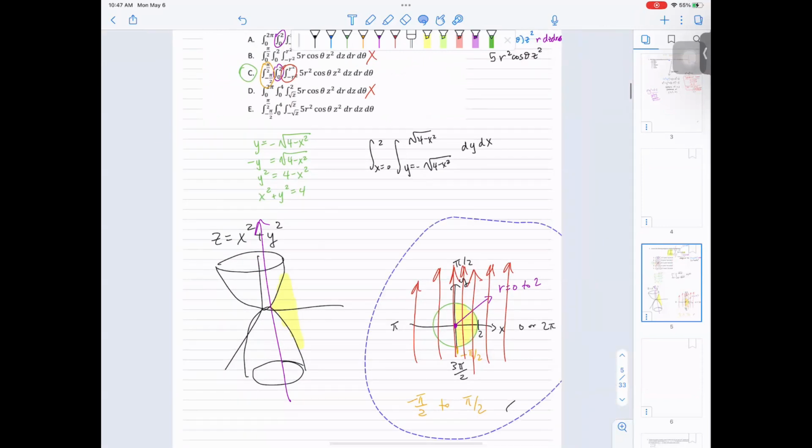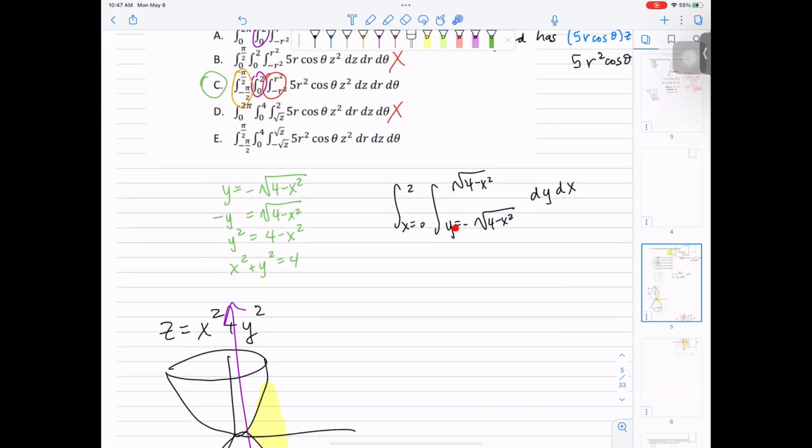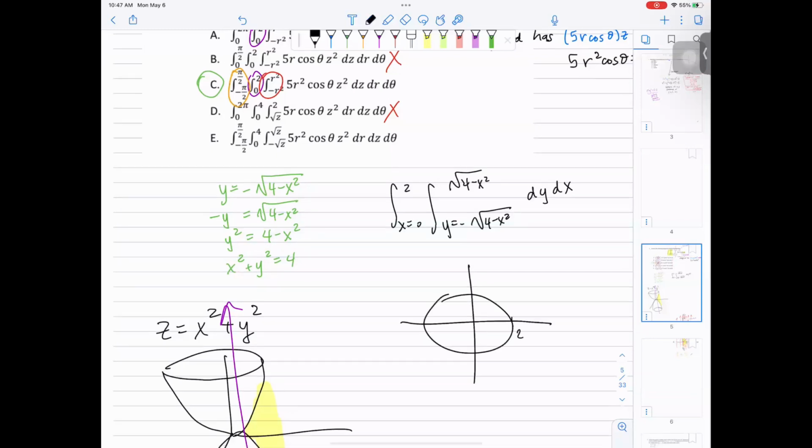Well, I look at Y, my lower bound says Y equals negative of square root. I simplify that so that I know what the shape is, and I get this circle of radius 2. So I draw a circle of radius 2. The negative square root part is this lower part of the circle.